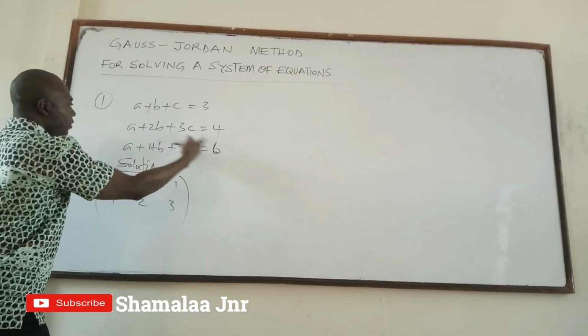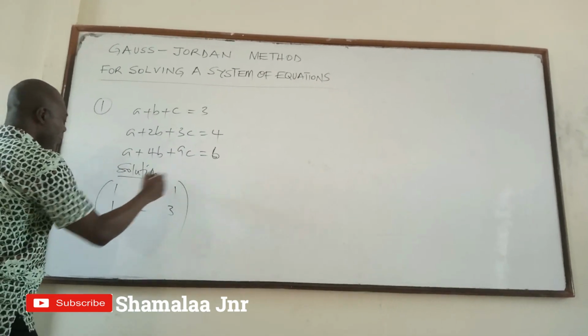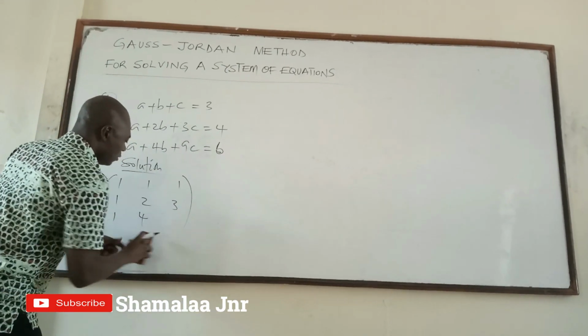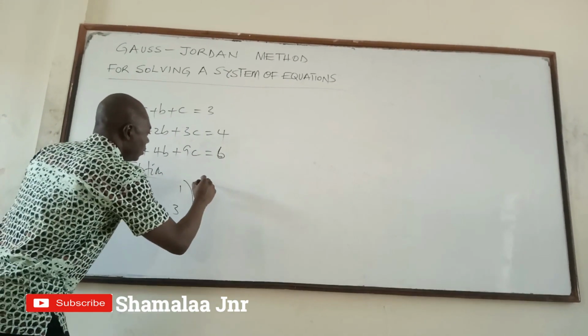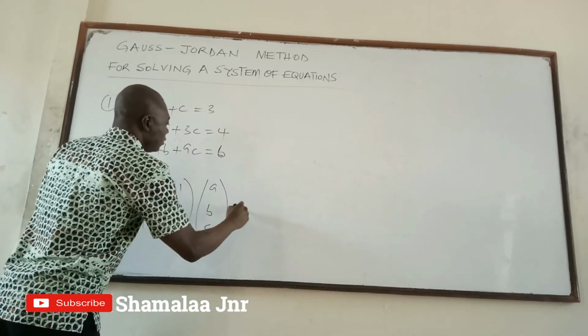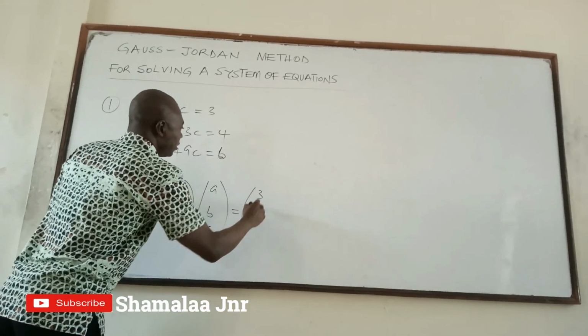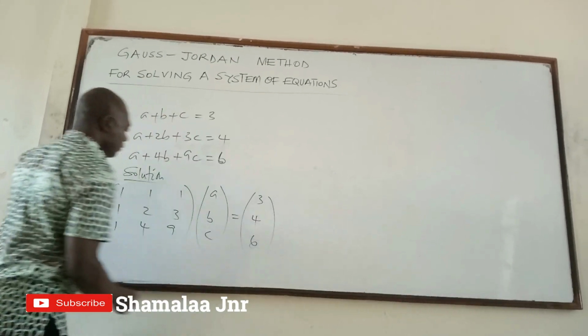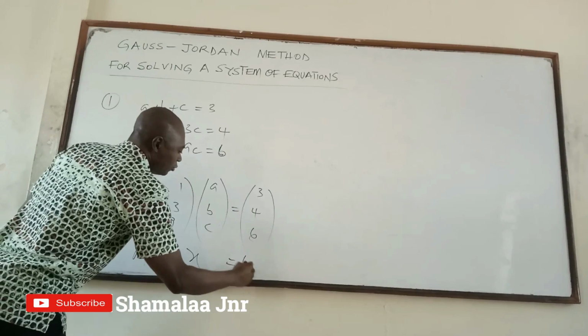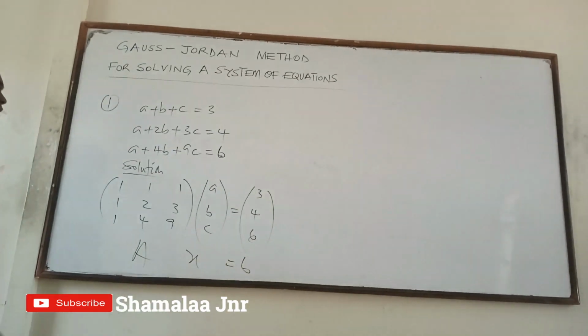You are looking at the coefficients. The third one, 1, 4, 9. And then this one will be A, B, C equal to 3, 4, 6. So you think that the system is like this and equal to B. So this is it.